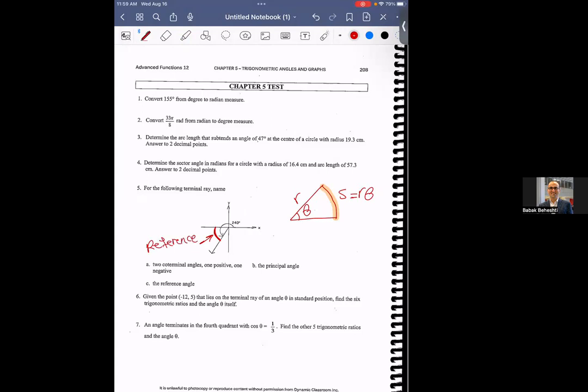For example, what is the reference angle? 240 minus 180 is 60, right? That is just some terminology.